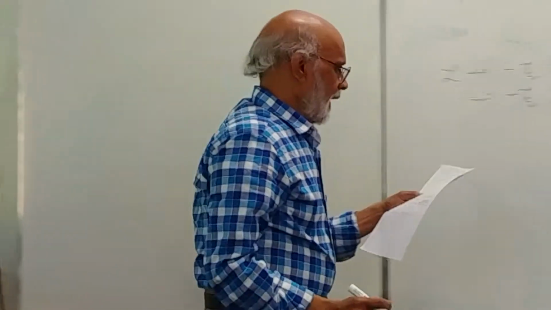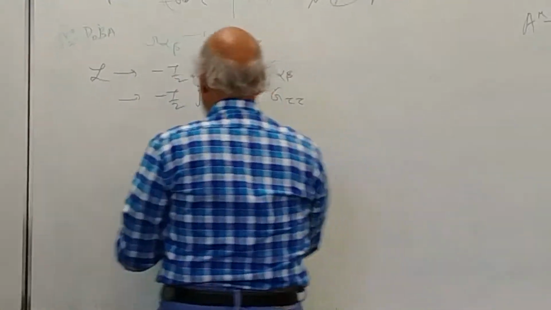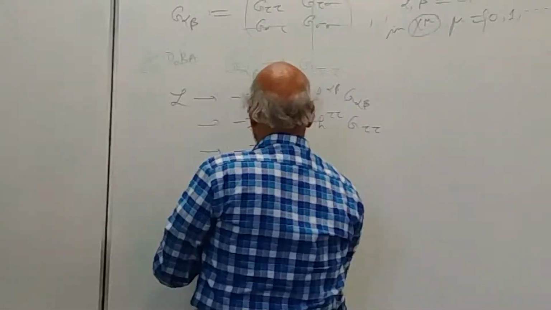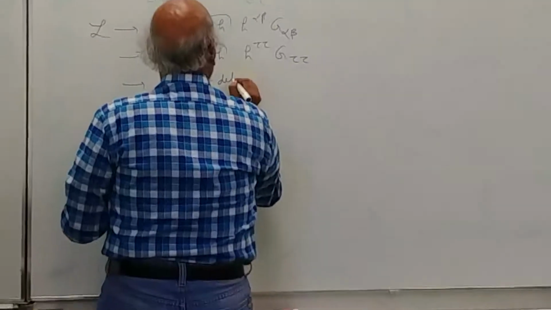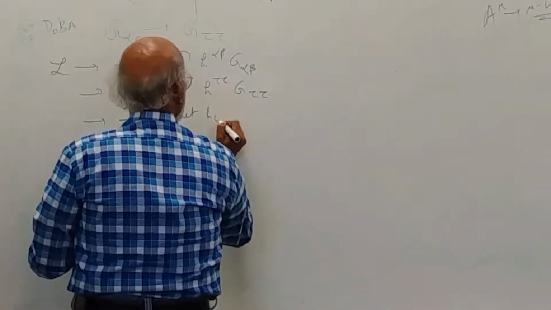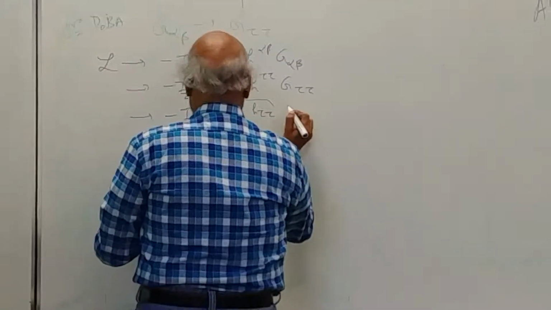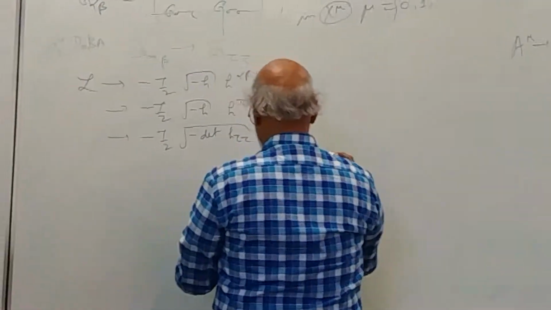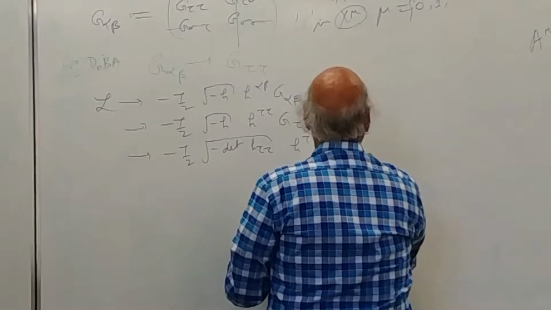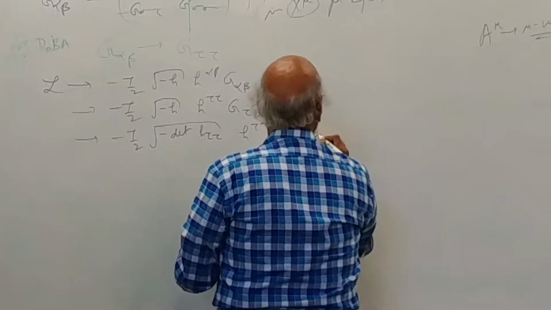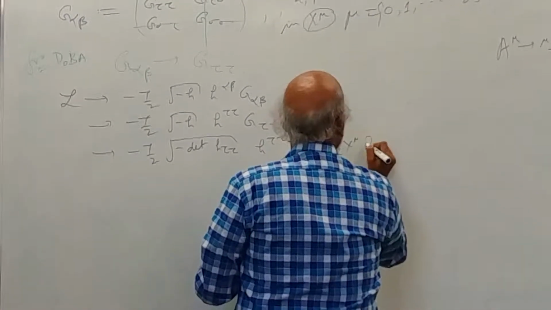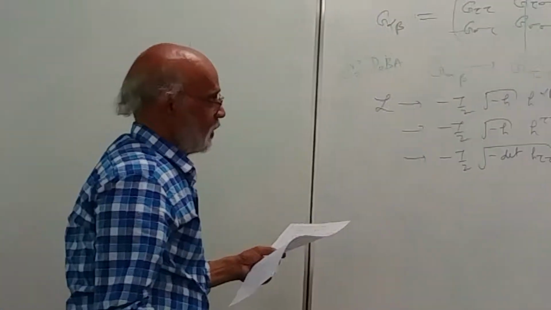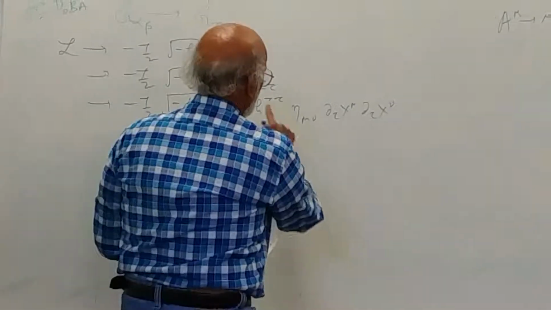And this is minus T by 2 determinant of h tau tau and h tau tau into eta mu nu del tau x mu del tau x nu, right?